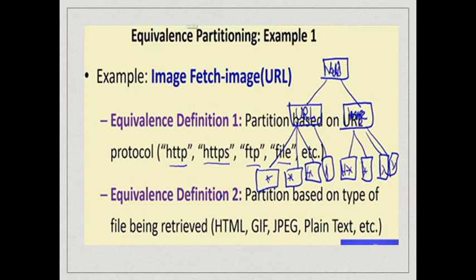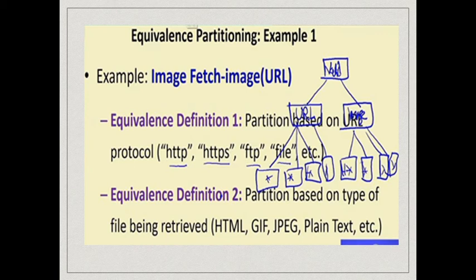So for the valid set of equivalence classes, one is based on the URL protocol and the second is based on the file type. For the URL we have HTTP, HTTPS, FTP, file, or based on the image type we have HTML, GIF, JPG, plain text, etc. This forms our set of valid equivalence classes.